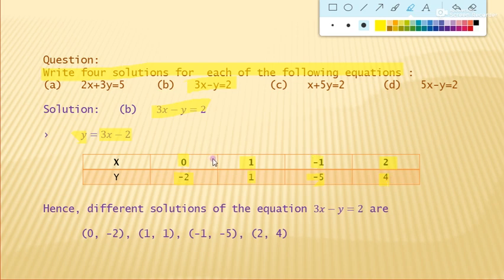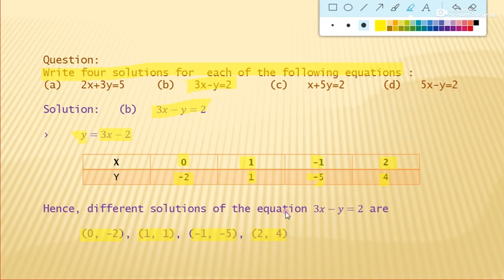Like this we can find infinitely many solutions. Hence different solutions of the equation are (0, -2), (1, 1), (-1, -5), (2, 4). Like this we can easily find the solution of any linear equation in two variables.